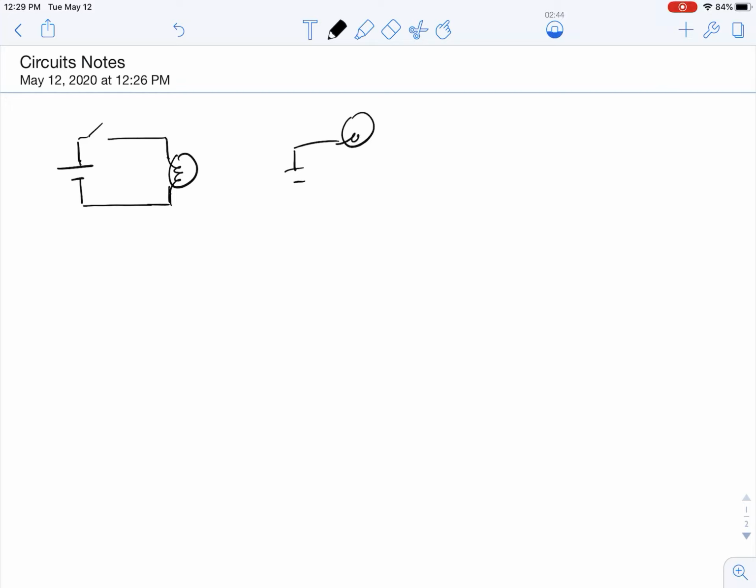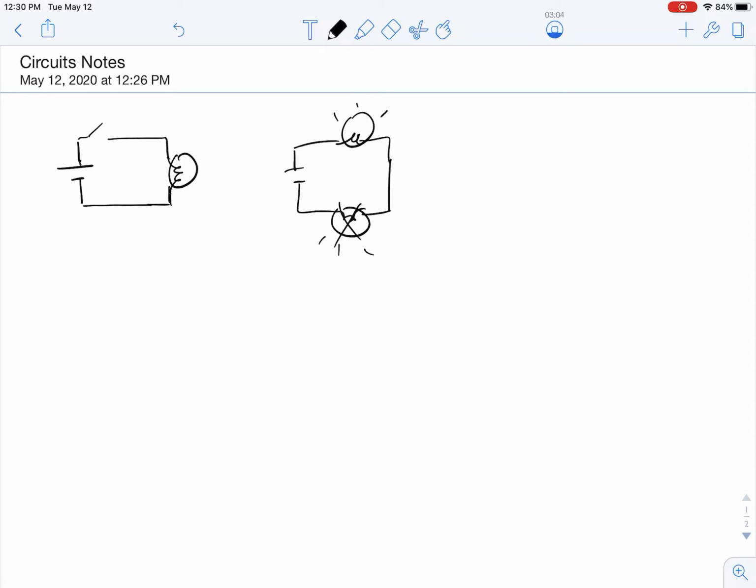Maybe we have a circuit and it has more than one device. Right now it's all working, and then something goes wrong and this device over here burns out. Well, guess what?